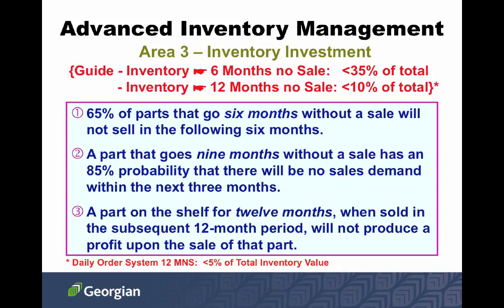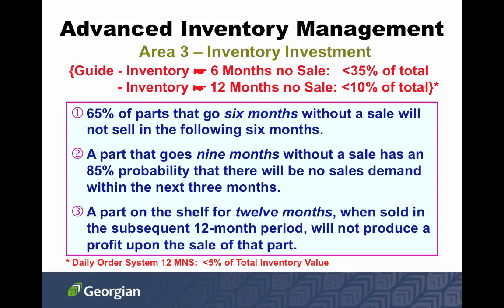It should be staged for orderly return to the manufacturer, because the longer you wait with these kinds of parts that don't move, the higher the probability that they actually become non-returnable parts because they don't move for the manufacturer anymore. And if that's the case, then you'd have to scrap them if you want to get them out of the inventory because they're no longer returnable.